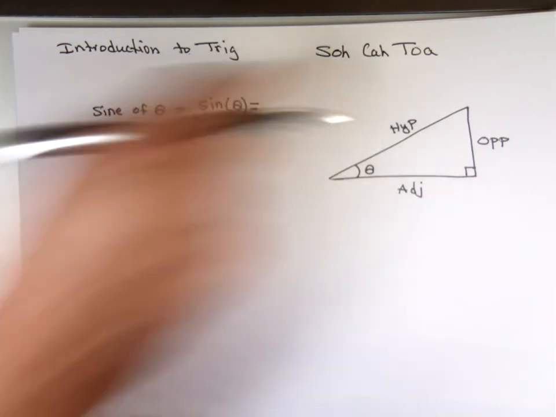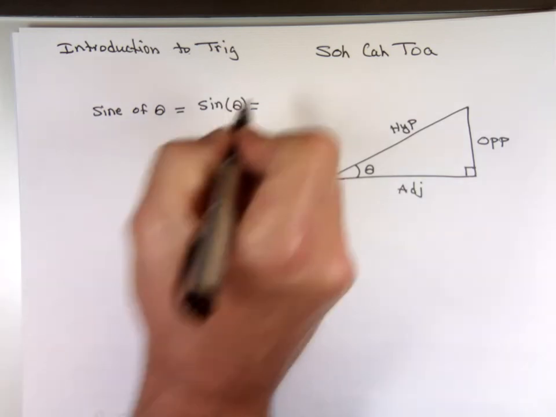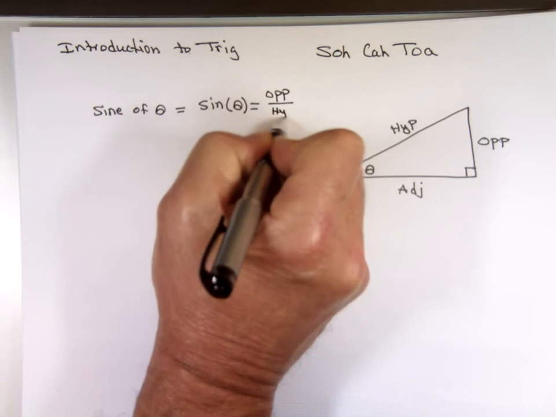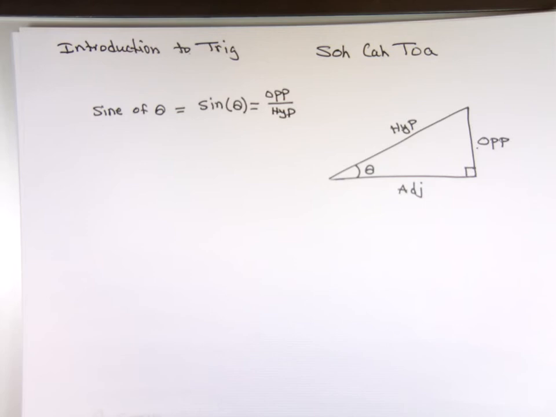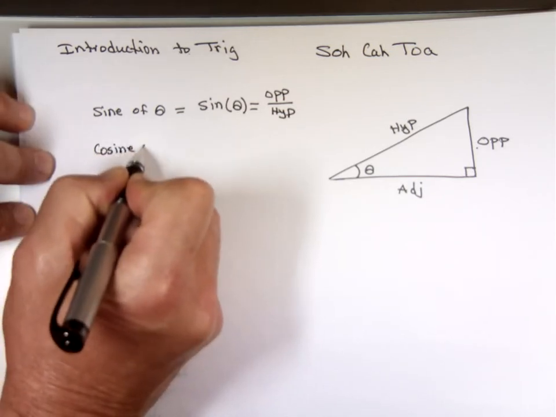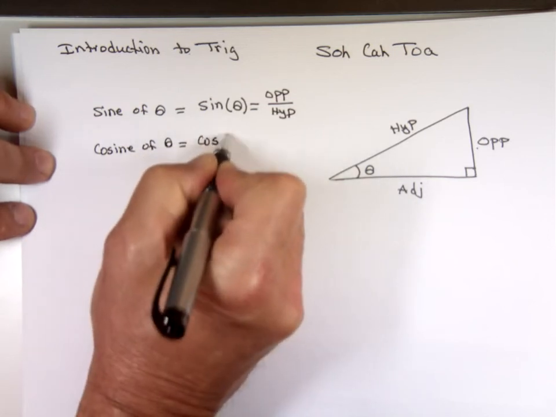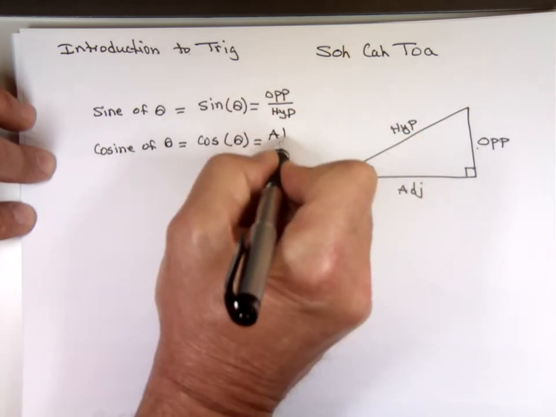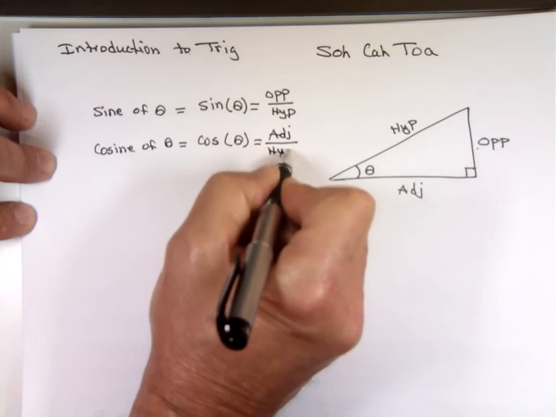And that's where Sohcahtoa comes in. O for what? Opposite. And H for what? Hypotenuse. So it's this side over that side. The cosine of theta, that's the cos of theta, which is A for adjacent and H for the hypotenuse.